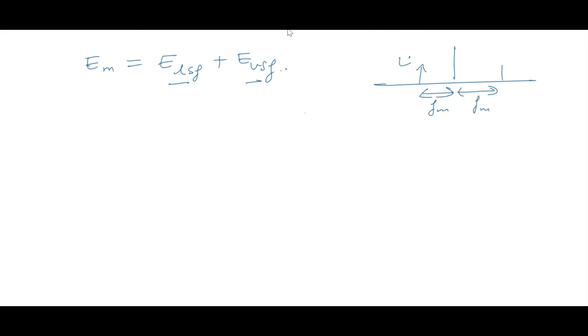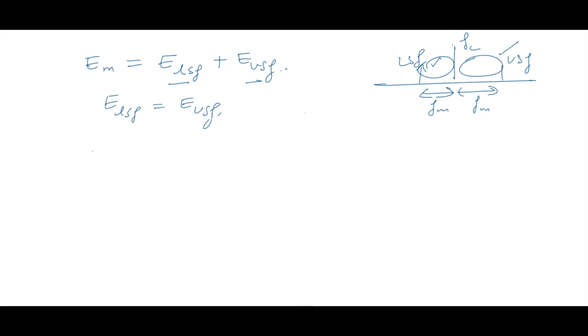This is your lower side frequency, and this was your upper side frequency. In the center you have the carrier frequency. From here we can say that the lower side band and upper side band are exactly identical, or equal.